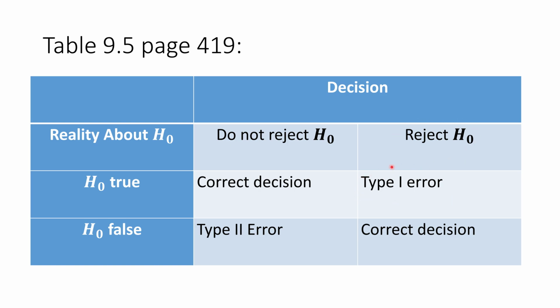Then we have a type 1 error. When the null hypothesis is false, and we do not reject it, it is called a type 2 error, the false negative. Last situation, when the null hypothesis is false, and we reject it, then we have a correct decision.